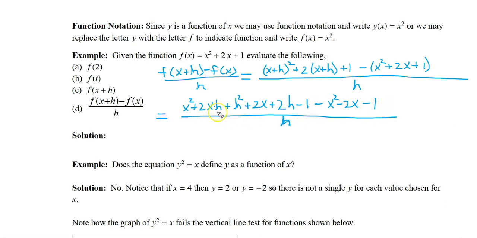And there we go. So you notice how we FOILed out the x plus h. That is right here. Right here is the x plus h FOILed out. And then 2x plus 2h, that's this term right here.